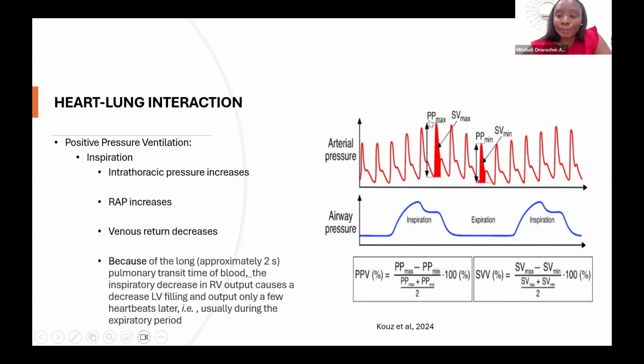So you have to keep in mind when you're evaluating patients, you want to be looking for the magnitude of changes. How much change is my pulse pressure having during inspiration versus during expiration?